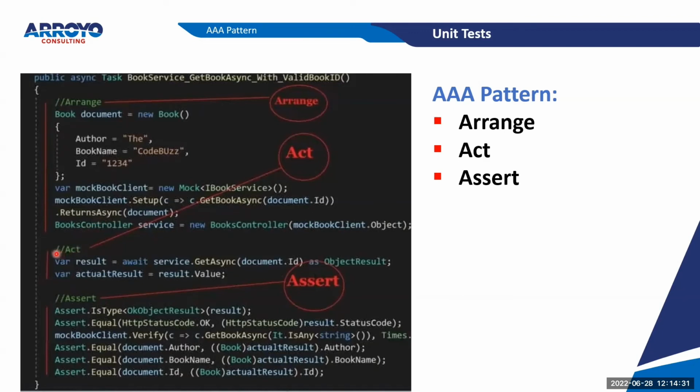Here you can add the act. In this case, you can call this operation to execute this specific method. At the end, you put the assert section. Here, you have to validate all the verifications, all expected results that you get at the end of the process.